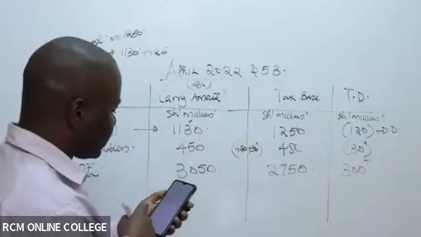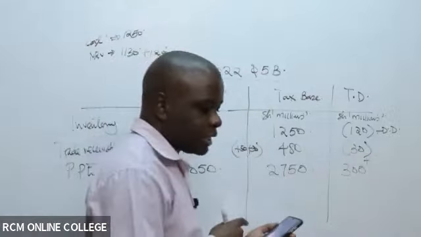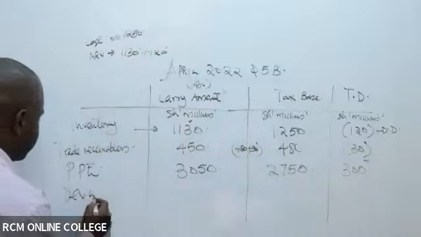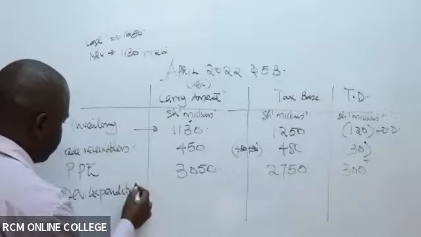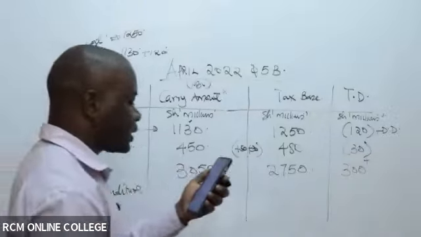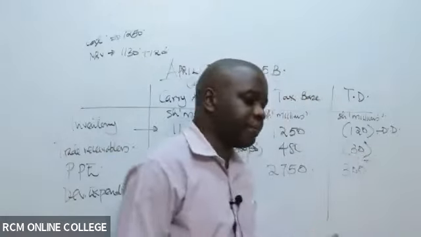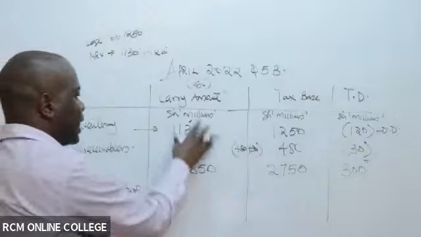So to get the carrying amount for this development expenditure, you take the full amount, that is 480 million, less the amortization.